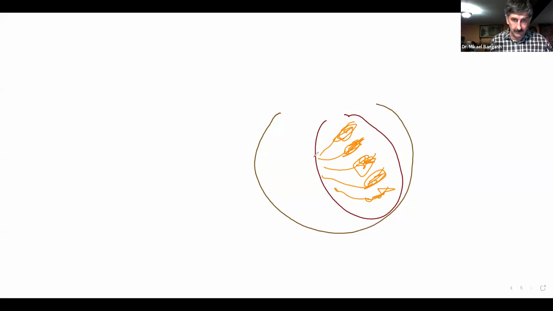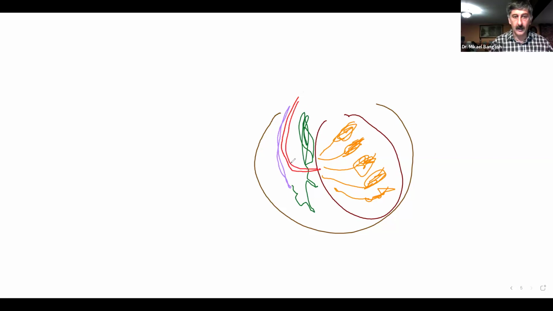The seminiferous tubules become the epididymis, which ultimately becomes the vas deferens. But what this testis also has is an artery and a vein.